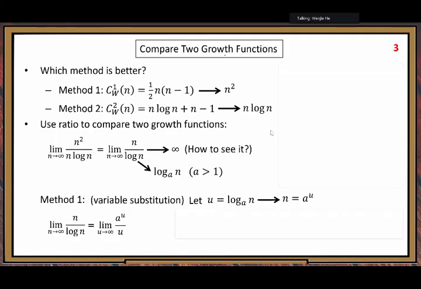So we have the exponential function a to the u over u. How to see this ratio is infinity? Still, it may not be that easy.